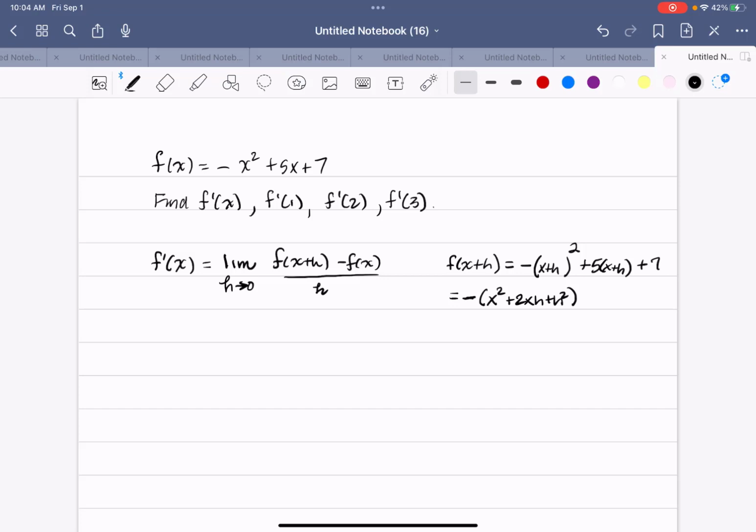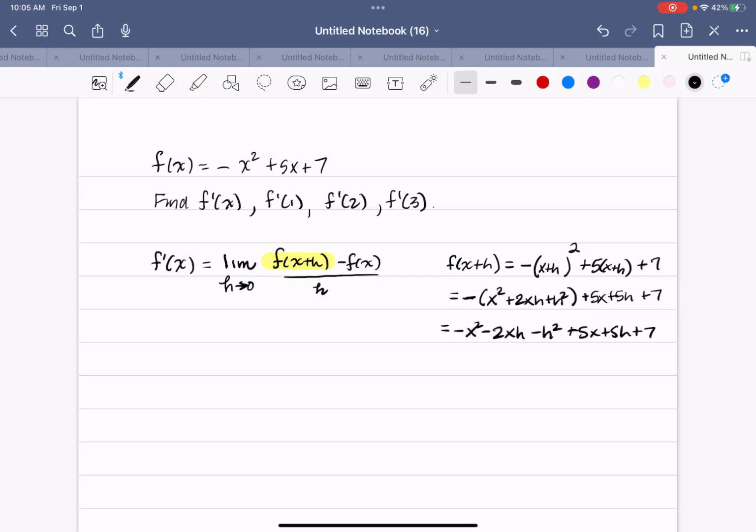We're going to apply that last, plus 5x plus 5h plus 7. So that's the opposite, or negative x squared, minus 2xh minus h squared plus 5x plus 5h plus 7. So that's just the f of x plus h part, and it's usually the hardest part.